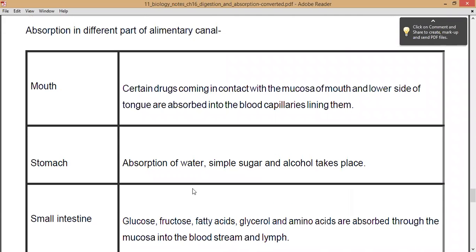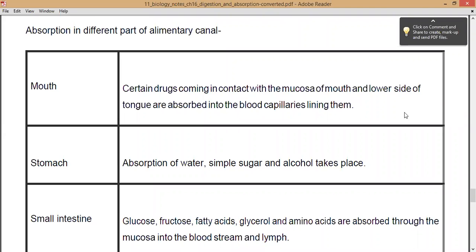Now, what type of absorption takes place in different organs? Starting with the mouth. In the mouth, several drugs coming in contact with the mucosa of the mouth and the lower side of the tongue are absorbed into the blood capillaries lining them, right?